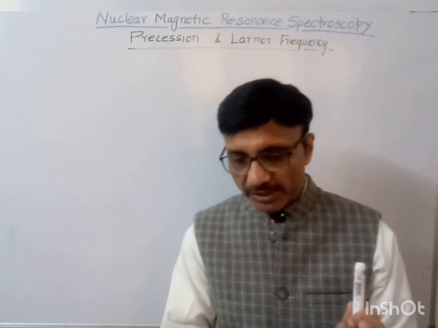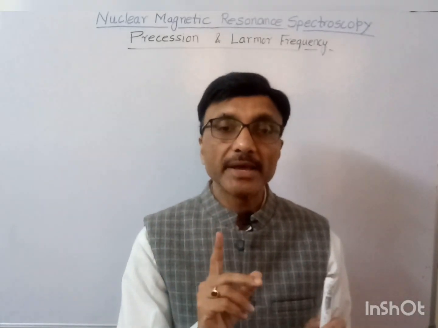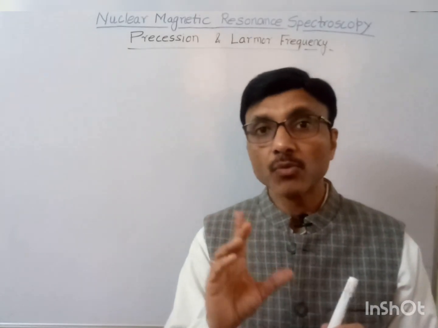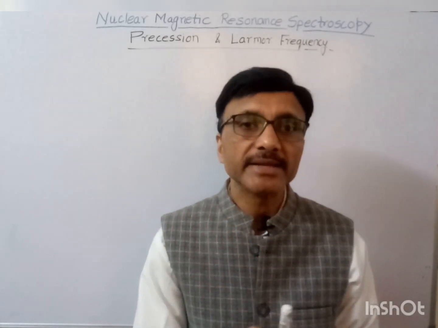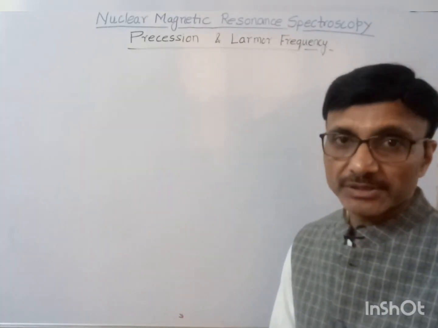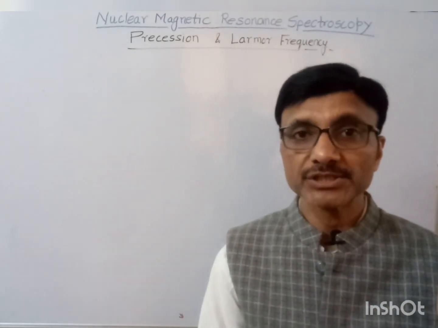So the nuclei is spinning on its own axis, but in presence of an external magnetic field there is one more rotation, and that is called precession. So one kind of rotation is that the nuclei is spinning.